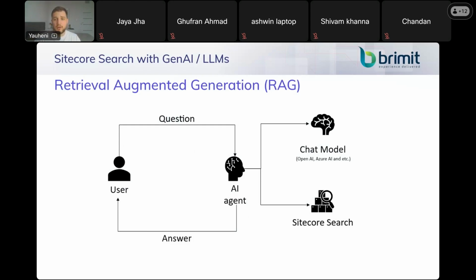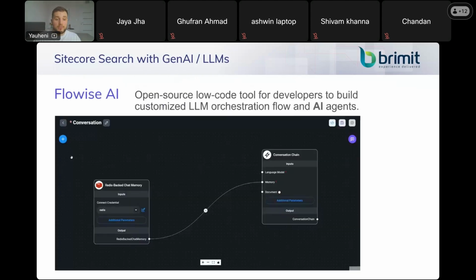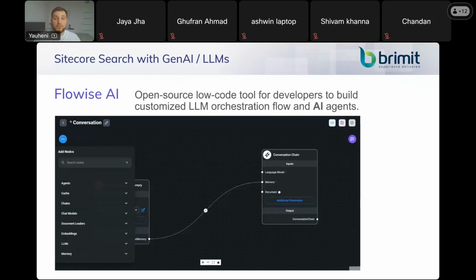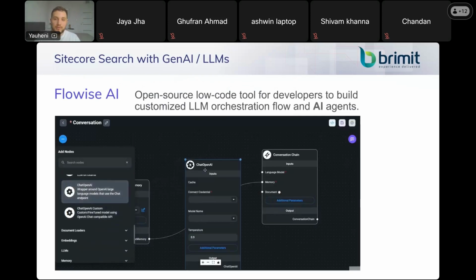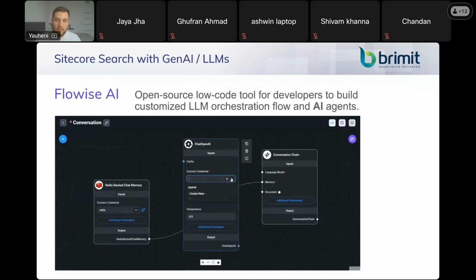Also, this system has some pluses, and one big plus is that we are using Sitecore Search, so each time we have the latest information from our site. And of course, sometimes you need a place where you will configure it and integrate between AI services and your logic.